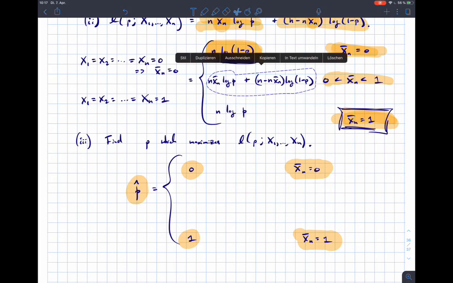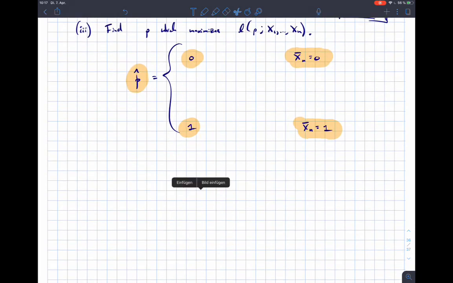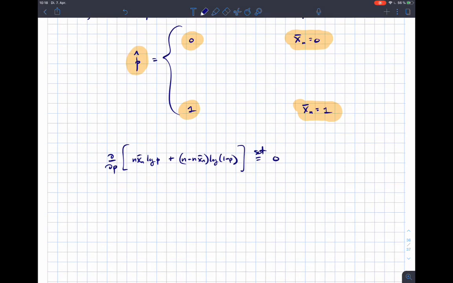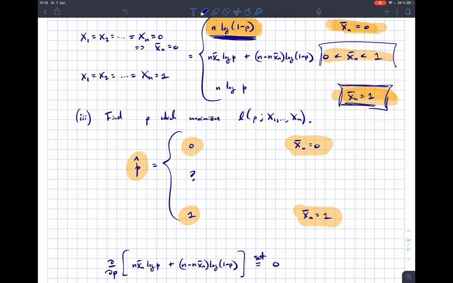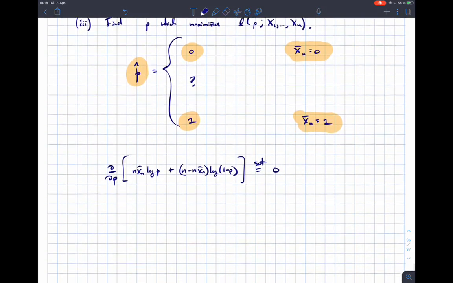We've got to take this and find its maximum. So what we're going to do is take the derivative of this and set it equal to 0 in order to find p hat in this middle case where I don't have all zeros or all ones in the data set.